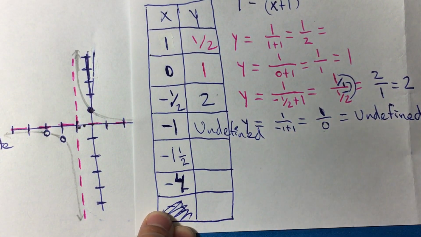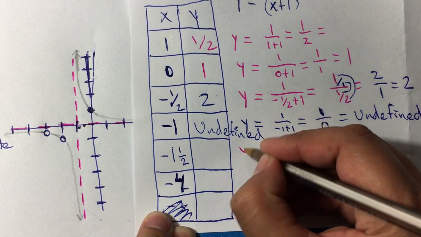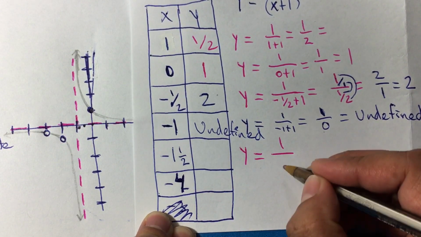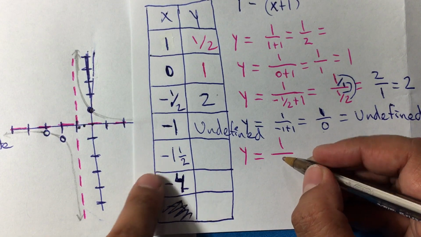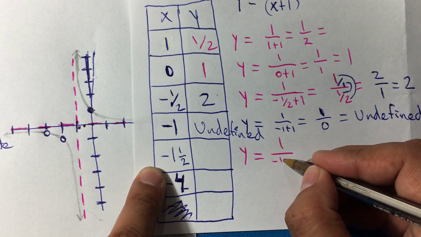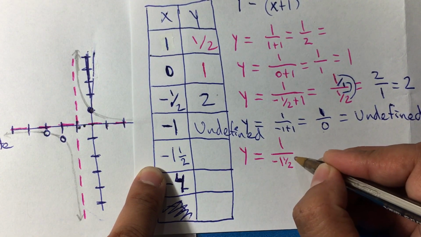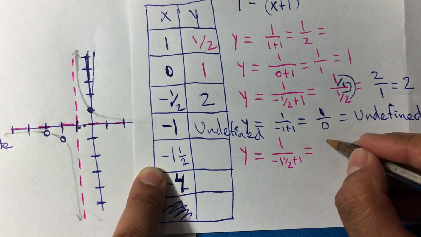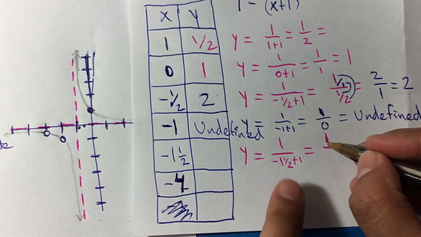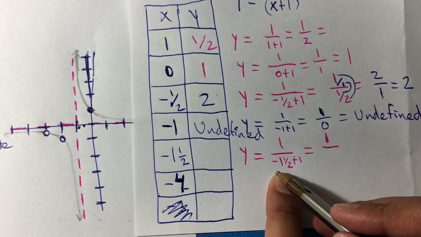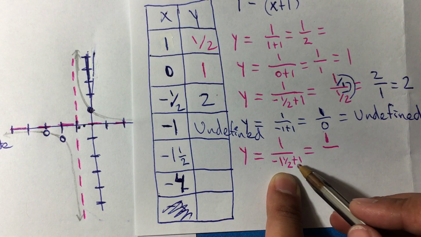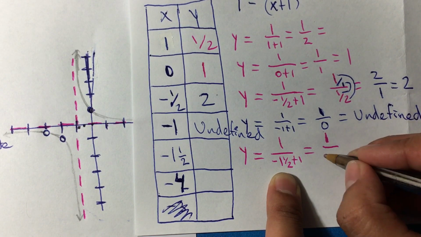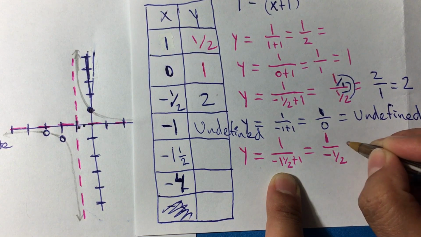Okay, the next one is going to be y is equals to 1 over, replace the value of x by negative 1 and 1/2 plus 1. Put 1 over, if I owe $1.50, but I pay $1, I still owe half of $1.